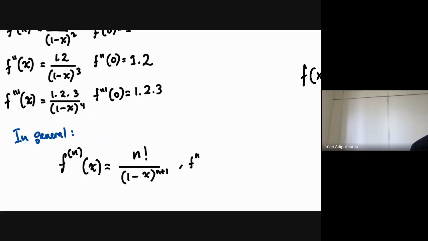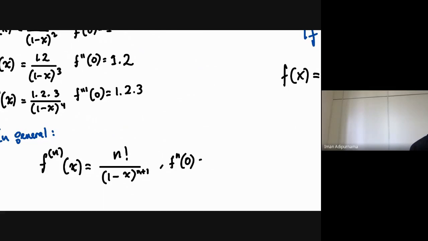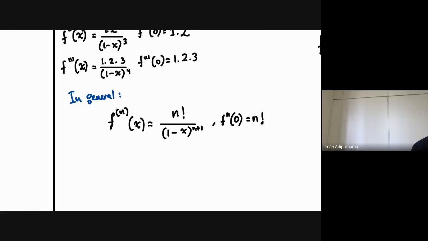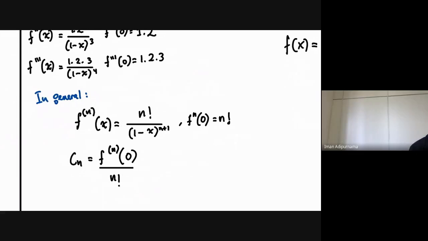And if you substitute the 0 into the function, it will be equal to n factorial. And then the coefficient will be equal to n factorial divided by n factorial, which is equal to 1. Okay.